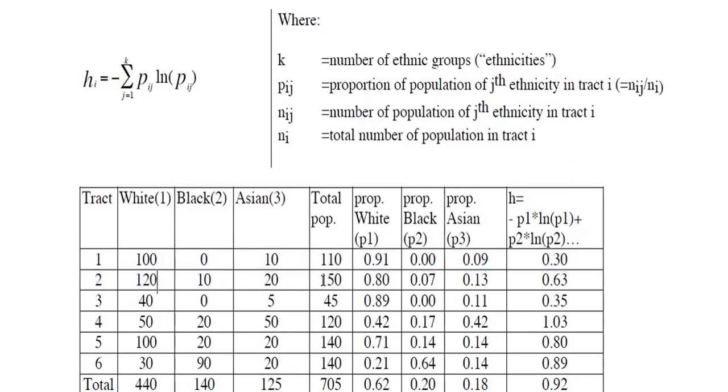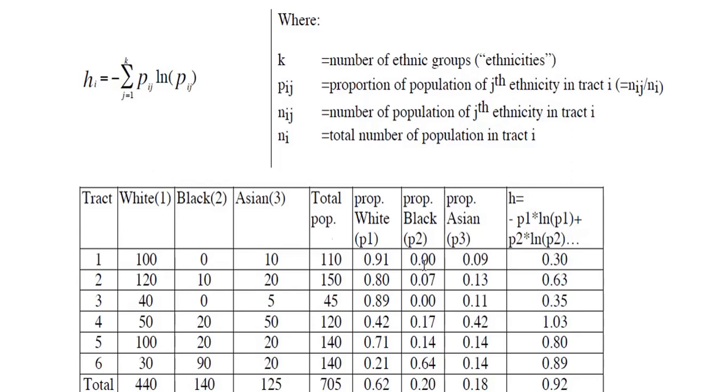The total population of that tract is 150. So the proportion of the white population in that tract is 120 divided by 150, that is 0.80. Similarly, 10 divided by 150 is 0.07, and 20 divided by 150 is 0.13.